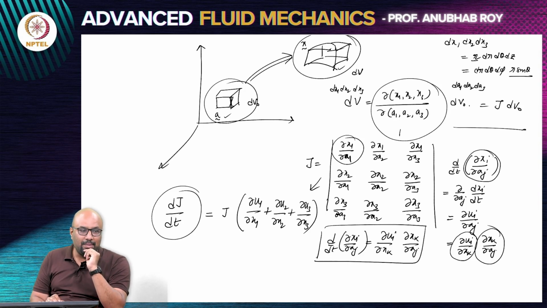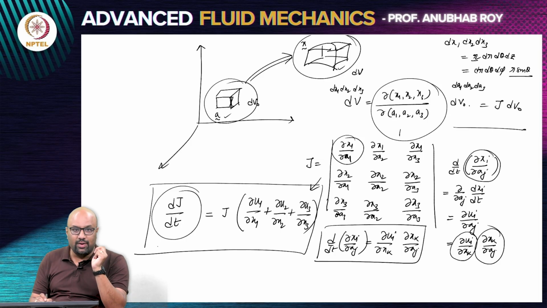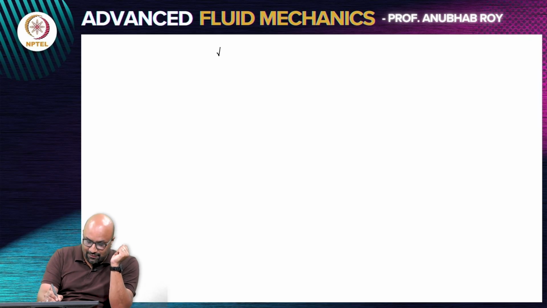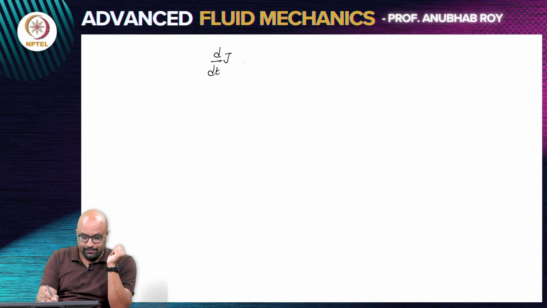That is what is going to happen individually for those terms, and when you apply it to all of them, you get the following relation. So we are almost there. We now have a relation that d/dt of the Jacobian is the Jacobian times ∂u1/∂x1, ∂u2/∂x2, ∂u3/∂x3.